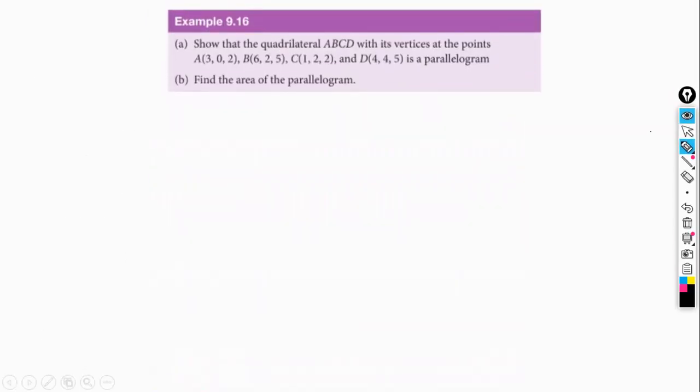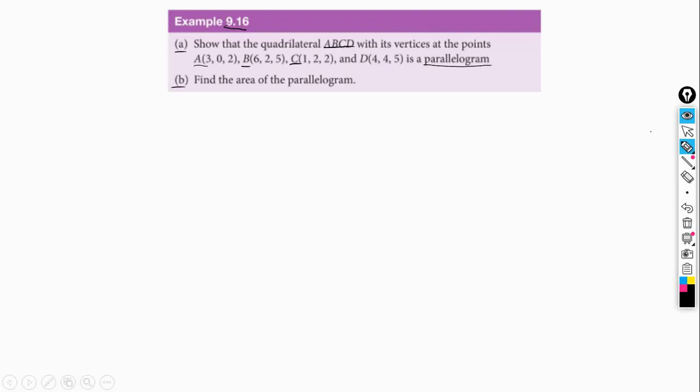So we continue with example 9.16, and part A says, show that the quadrilateral ABCD with its vertices at the points A(3, 0, 2), B(6, 2, 5), C(1, 2, 2), and D(4, 4, 5) is a parallelogram.